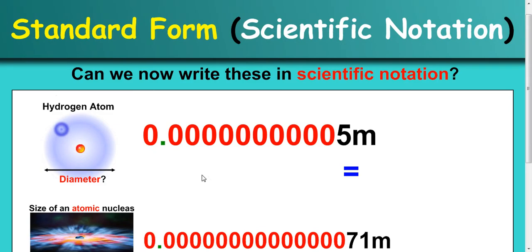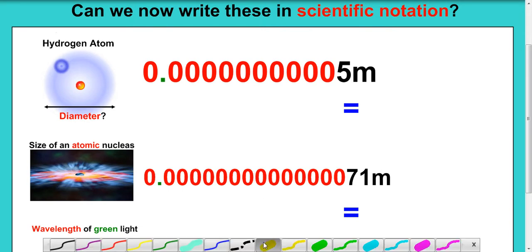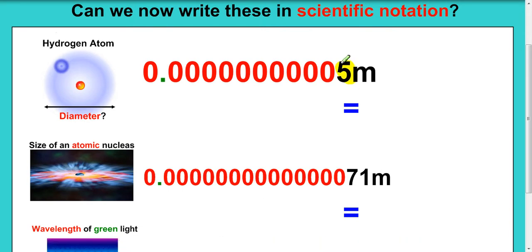Right, let's see if we can do this in some examples. So the first one here, we've got 0.00 and so on all the way to 5. So your first number between 1 and 10 is just a 5. You can just use that. So we've got 5 times 10, and we notice to a negative power because we're dividing.